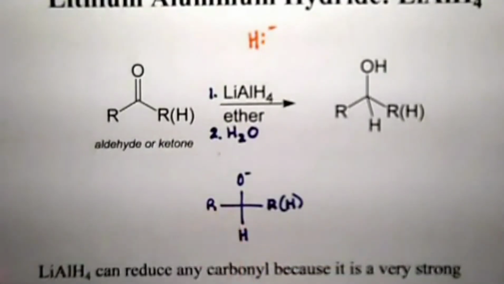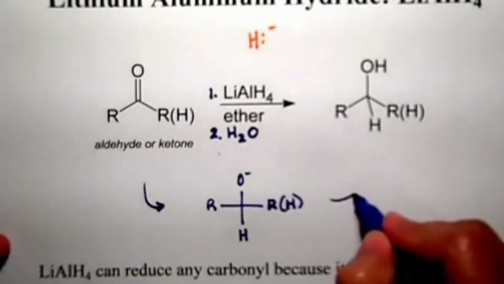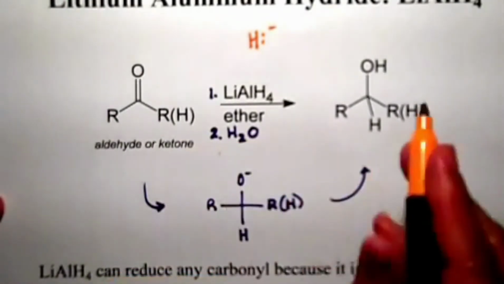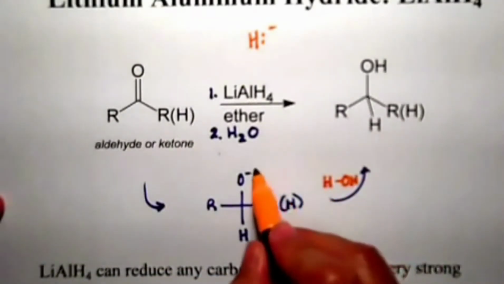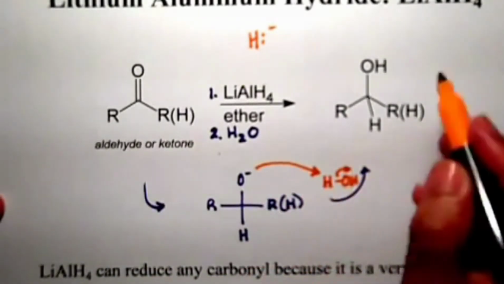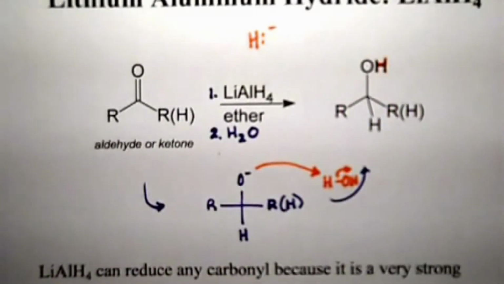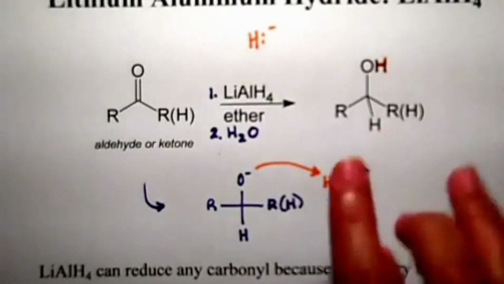This is the hydride from the lithium aluminum hydride, and then nothing can leave. So the next step would be, when we add the water at the very end, the oxygen picks up a proton from the water. So this hydrogen right here on the oxygen came from the water. This hydrogen came from the lithium aluminum hydride.